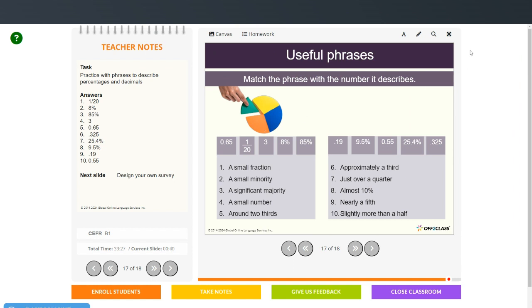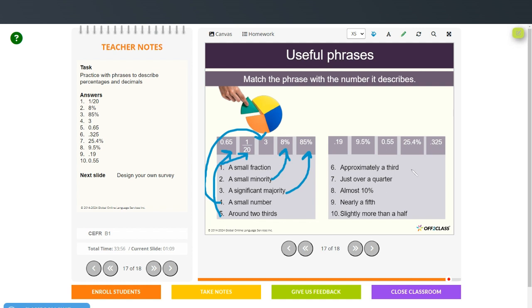All right, so a small fraction would be 1/20th. A small minority could be 8%. A significant majority, 85%. A small number, 3. And around 2/3 would be 0.65.